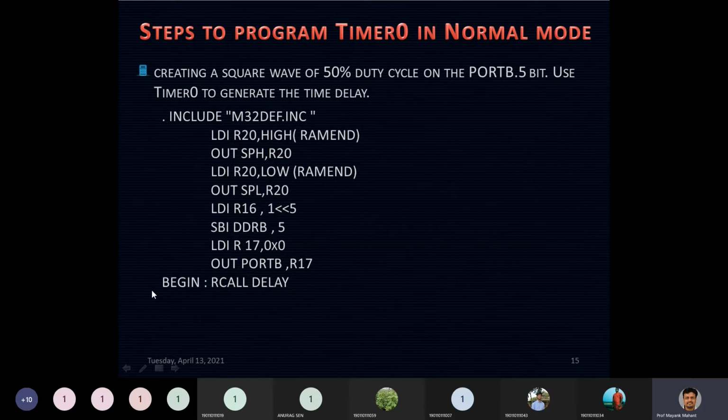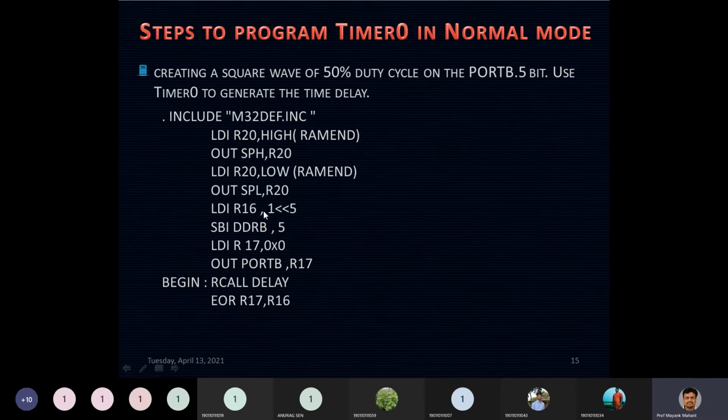As I have called the delay, I need to initialize the stack. Already we have discussed that there are three different types of calls: a call instruction, relative call instruction, and indirect call instruction, which we discussed in the previous classes. Then we will do the XORing operation of R16 and R17.